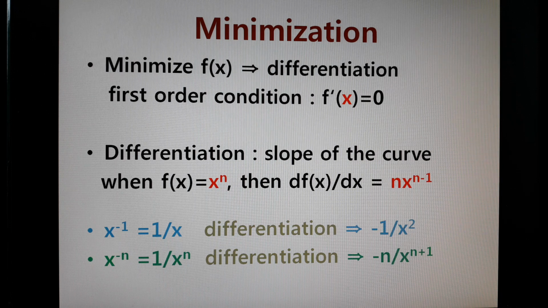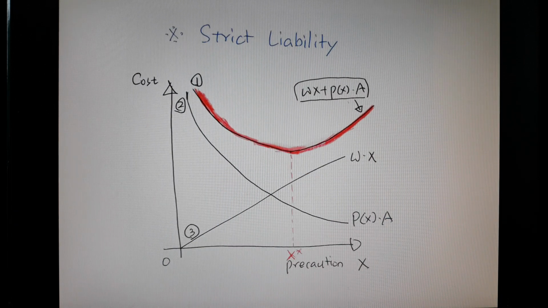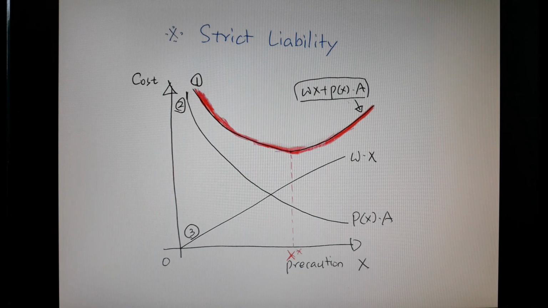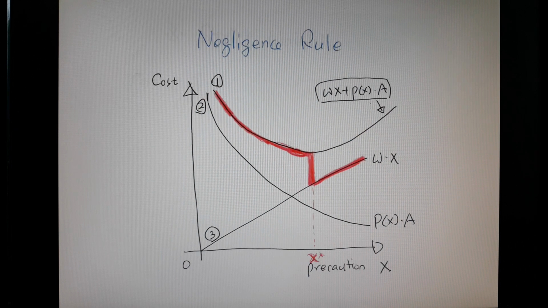Let's go back. I already showed you that under strict liability, the social cost would be the same as the cost of the injurer. So the injurer minimizes its cost, which is the same as minimizing social cost. Therefore, automatically, the optimal precaution level X star would be achieved. The only goal in tort law is making people choose X star, the proper optimal level of precaution.